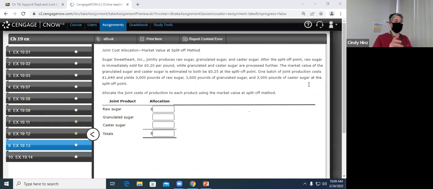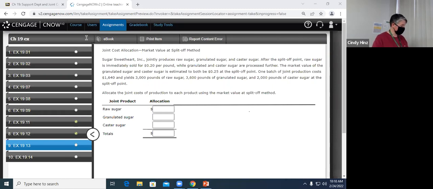But because some of the product we're going to take and refine more, and it's then going to be worth more, we're going to assign it more of those upfront costs. Again, I'm not a big fan of this approach, but it is definitely used.